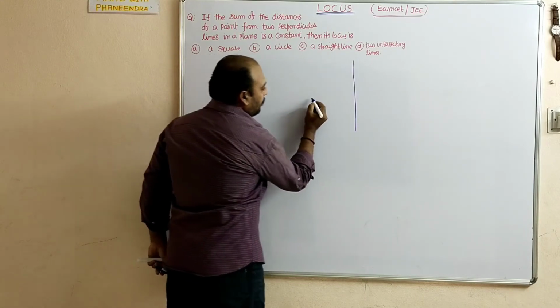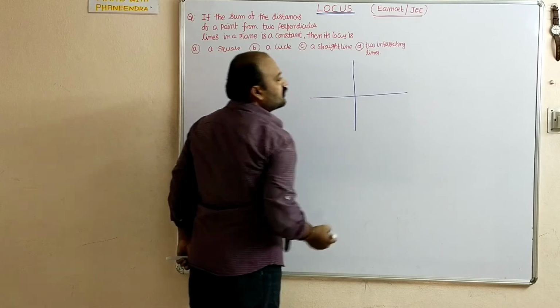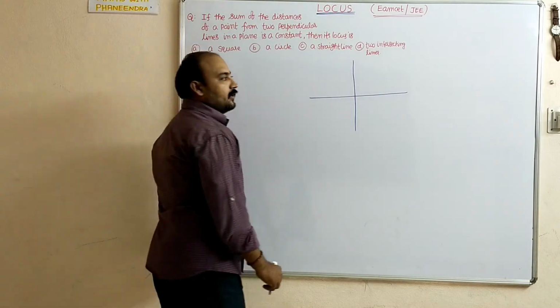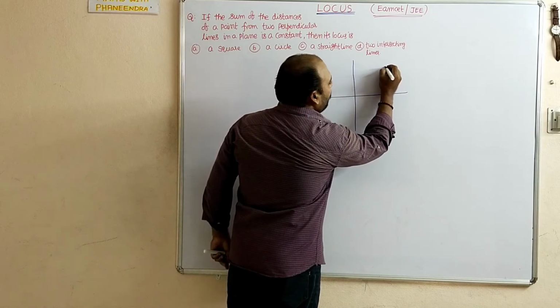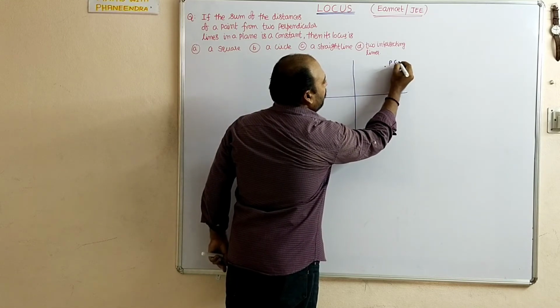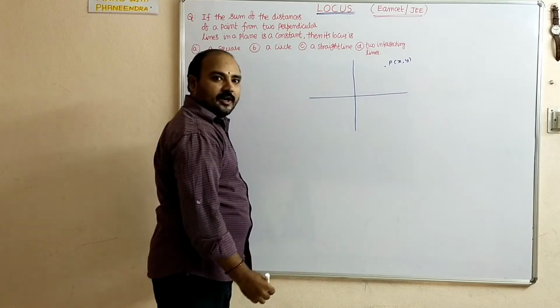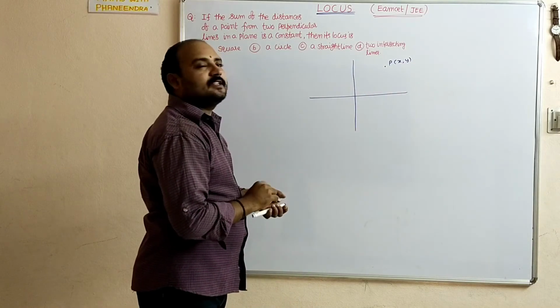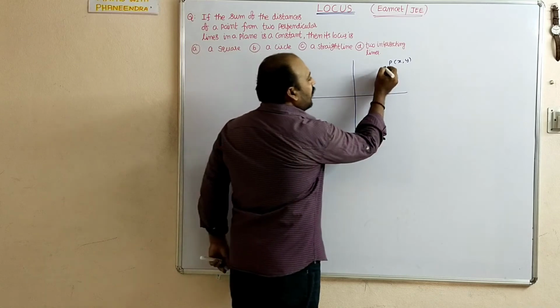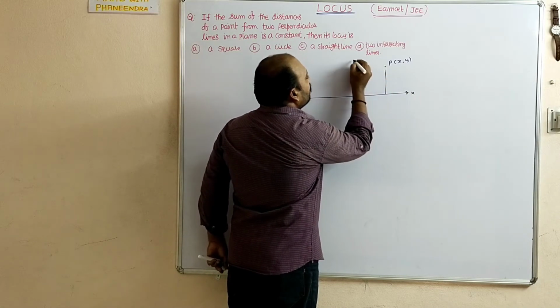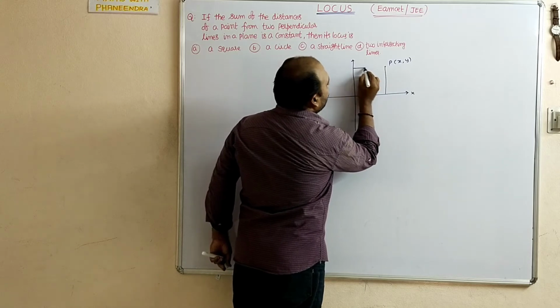Observe carefully. These are the two mutually perpendicular lines in a plane. Here I am assuming the point P of x comma y. We know that the distance from point P to the x-axis, and the distance from point P to the y-axis, are what we need.